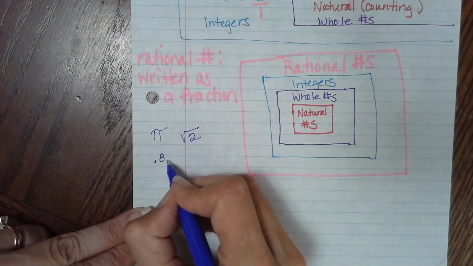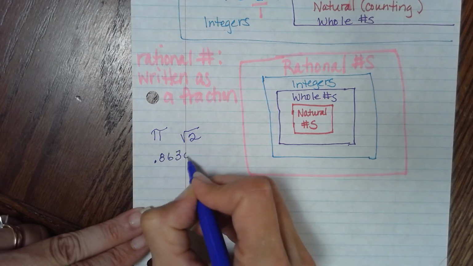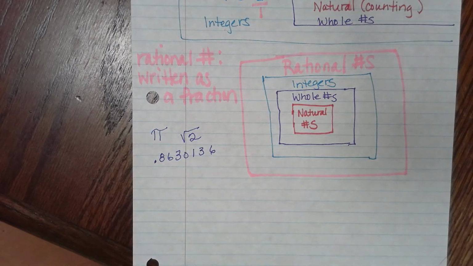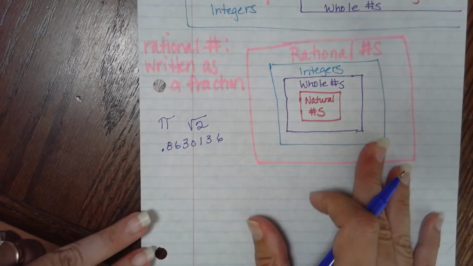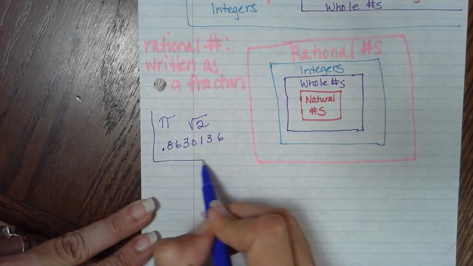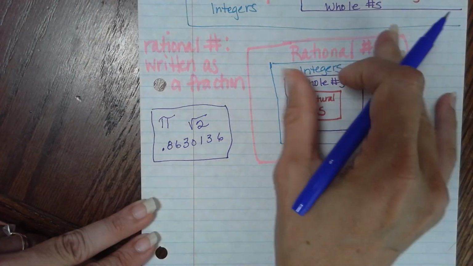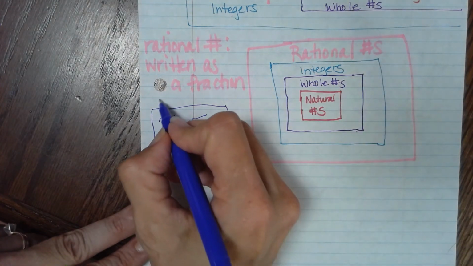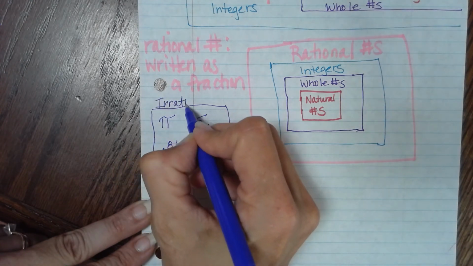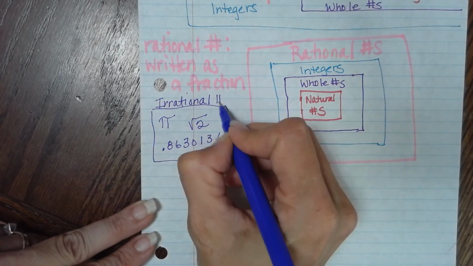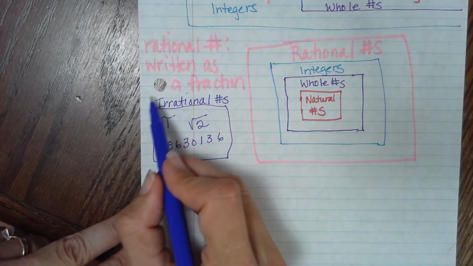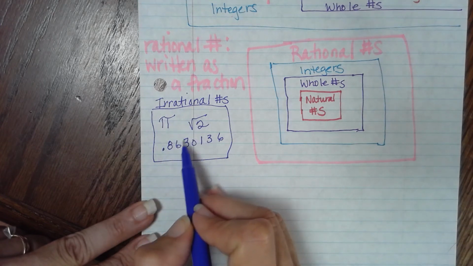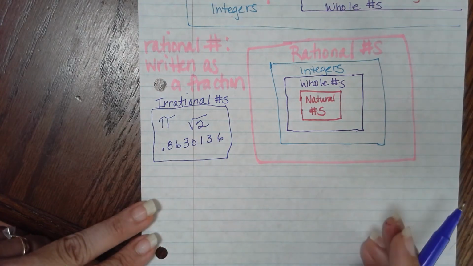So if I had 8.8630136, there's no way I can write that into a fraction. So this is in a different group. It's completely separate from the rational group, because since these can't be turned into fractions, these are called my irrationals. My irrational numbers. And if you know about prefixes in English, ir means not. So these are not rational, meaning I cannot write it as a fraction.